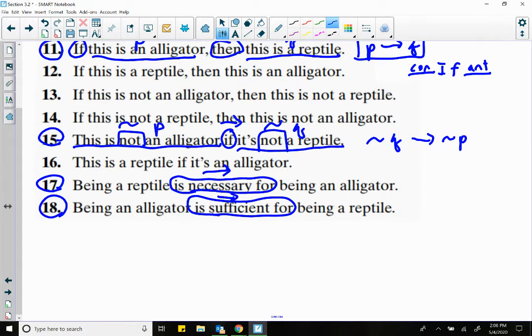Now, you have to be careful with what's being given here because one of these is written correctly with the antecedent first and then the consequent. The other one is like 15 where it is written backwards. Okay? So, the one that is written with sufficient in the middle, this is the one that is written correctly. So, blank, sufficient, blank.